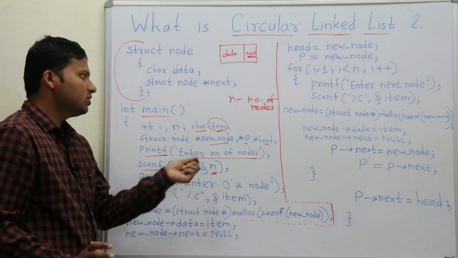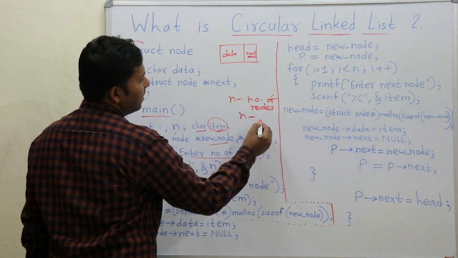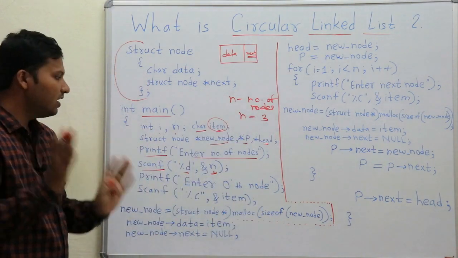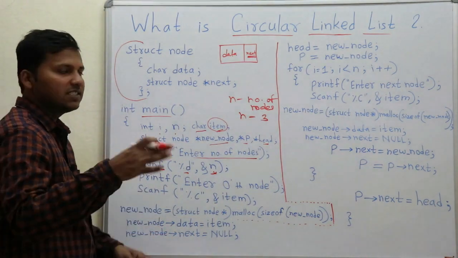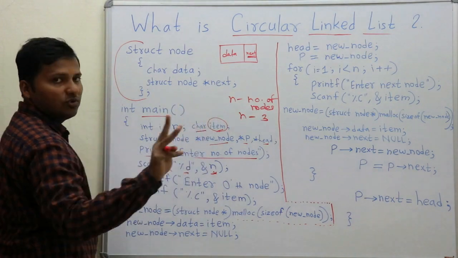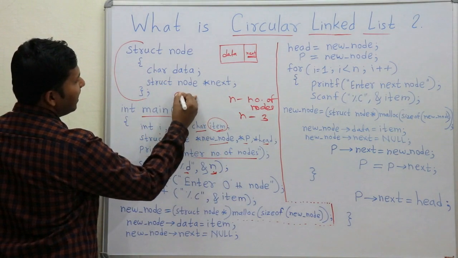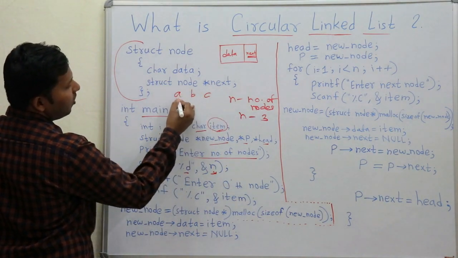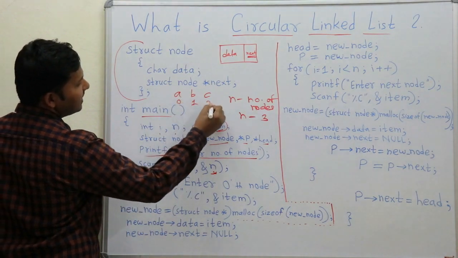So suppose the user has entered the number of nodes as 3. Then there are 3 nodes in this circular linked list, and we will number the nodes as 0, 1, 2. Suppose there are 3 nodes in the linked list, so just assume the nodes are A, B, C. We will call node A the 0th node, then the first node and the second node.